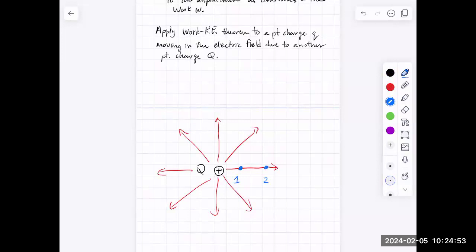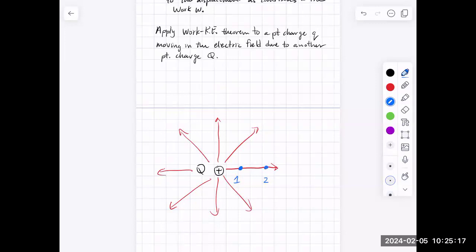In order to calculate the work, it only depends on the starting point and the ending point. Let me rephrase that. Our work requires us to pick a path from our initial point to our final point, and we can choose whatever path we want.